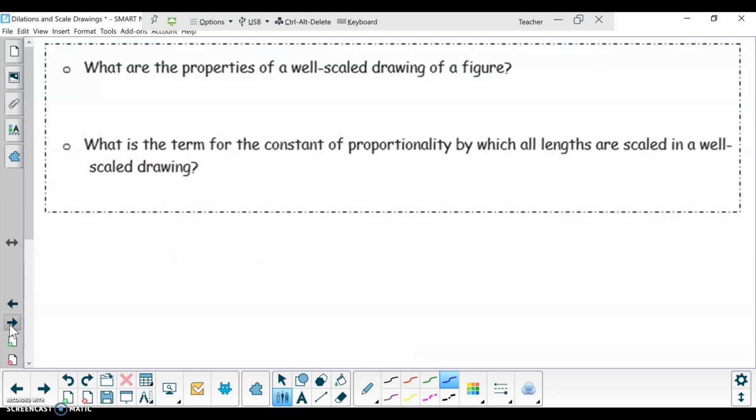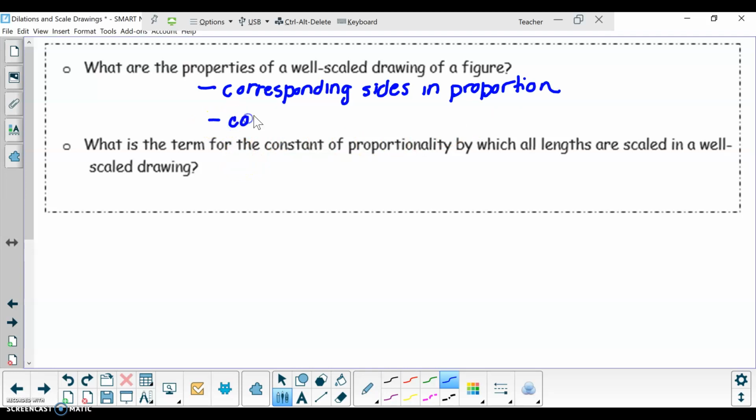So what are the properties of a well-scaled drawing? Corresponding sides are in proportion, and corresponding angles are congruent, because the figures are similar.